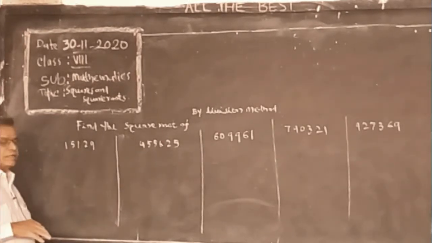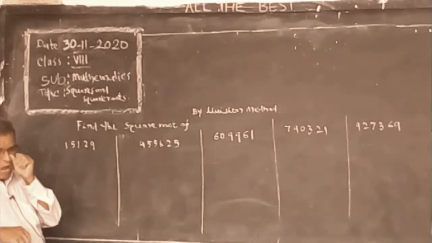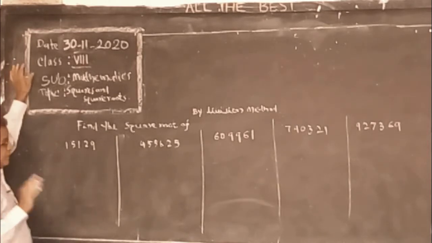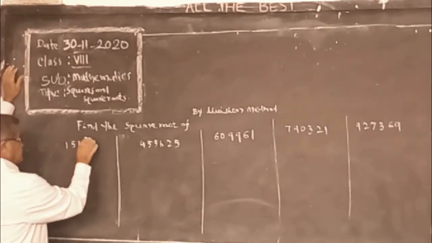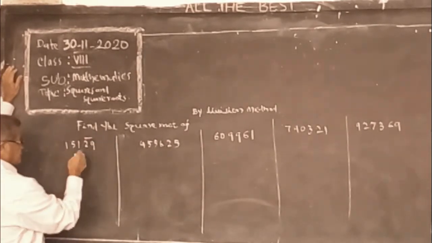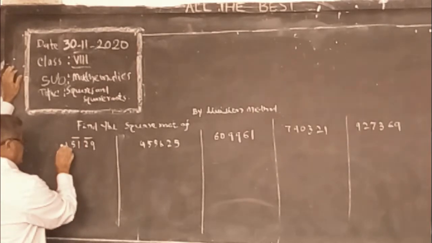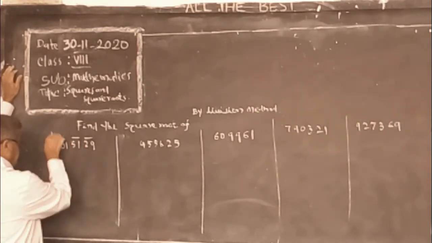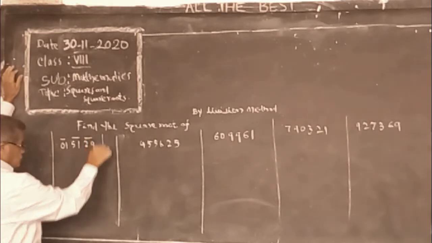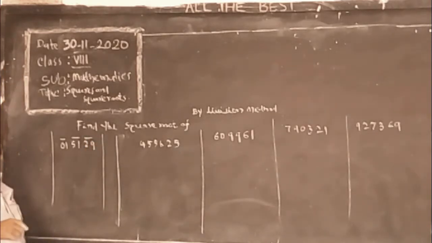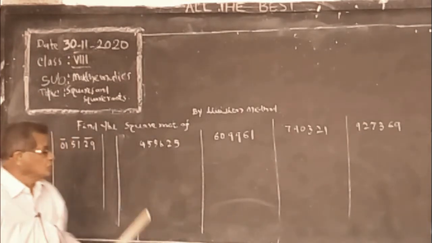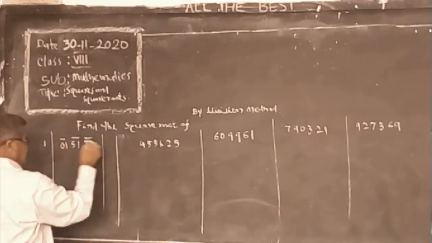First of all, let us make pairs. Make pairs from the unit place. One pair, second pair, third pair. Our first one is 1.